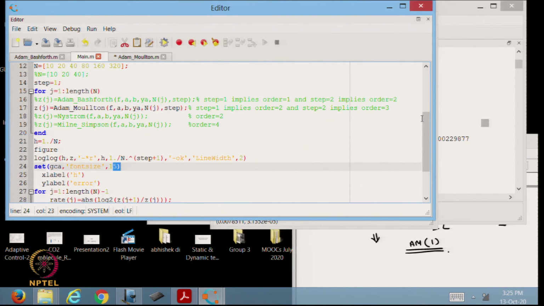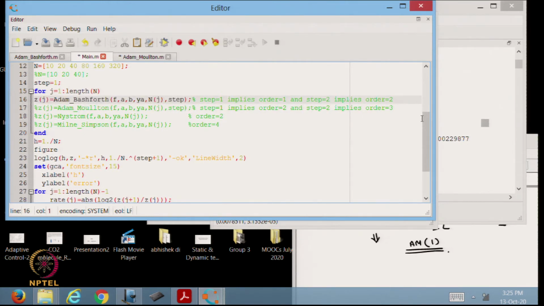Similarly, as I told you, I forgot to mention in case of Adams-Bashforth, which I can show again, just by commenting this line and uncommenting the previous one.